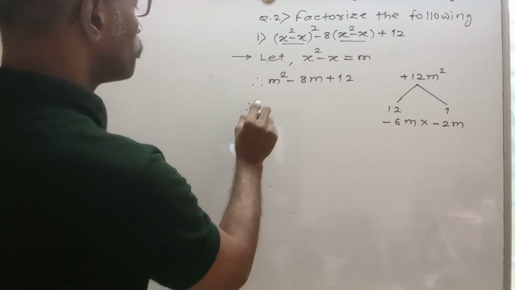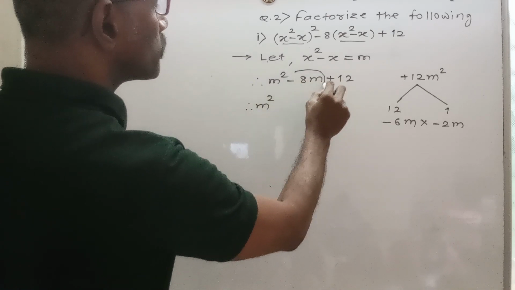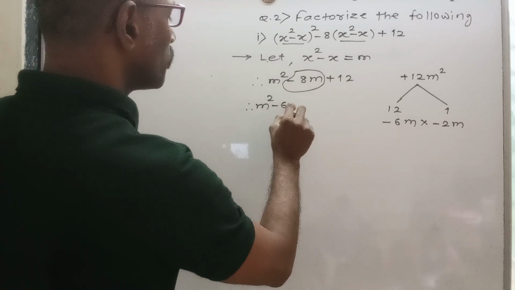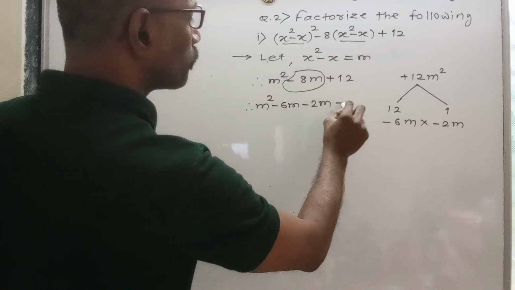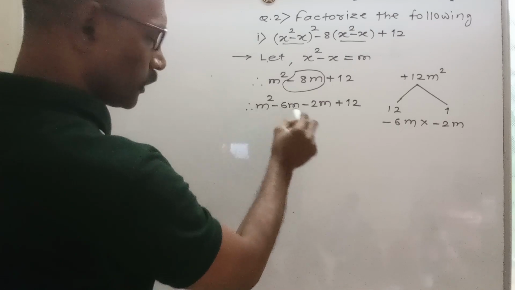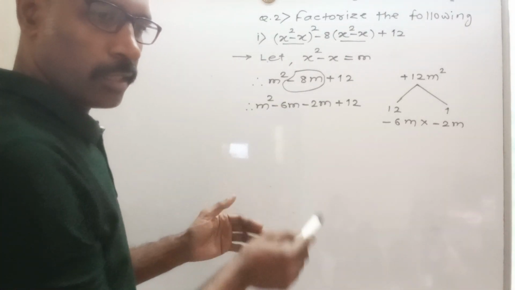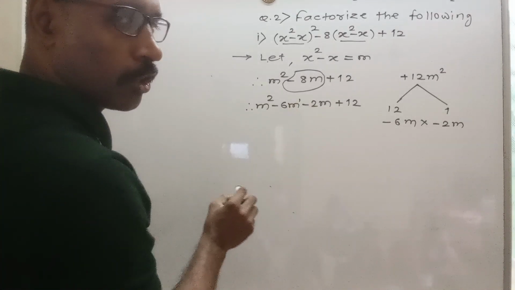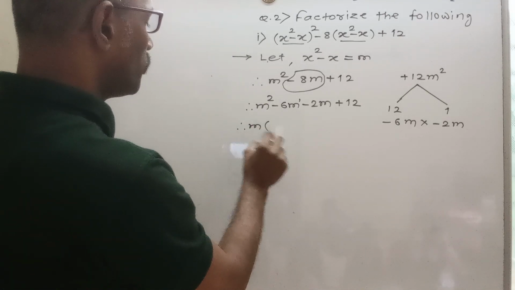Now see this, m², instead of this we write minus 6m minus 2m plus 12. Now we take common here. Numbers are not common, here only the variable is common. See here, the minimum index of m is 1, so we take that common. m in bracket.